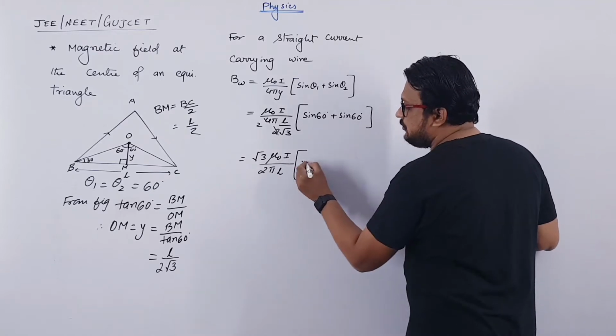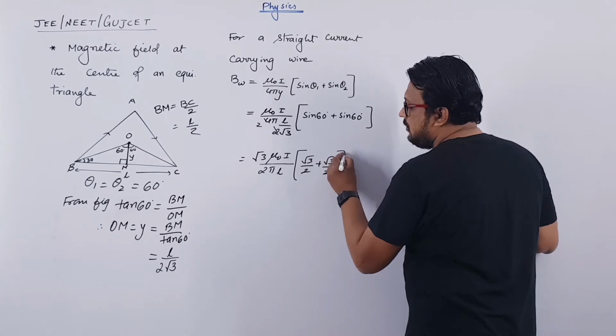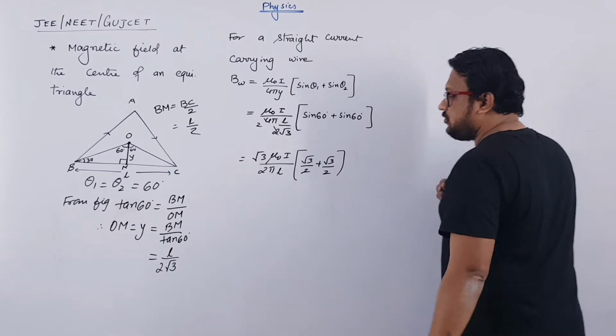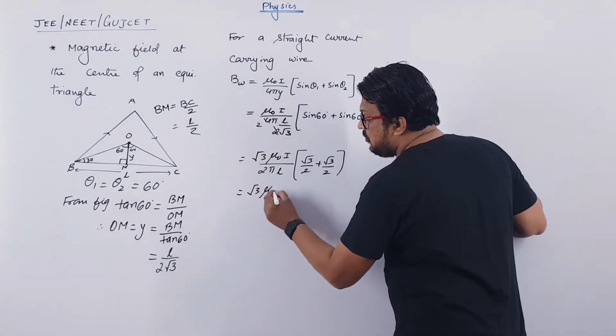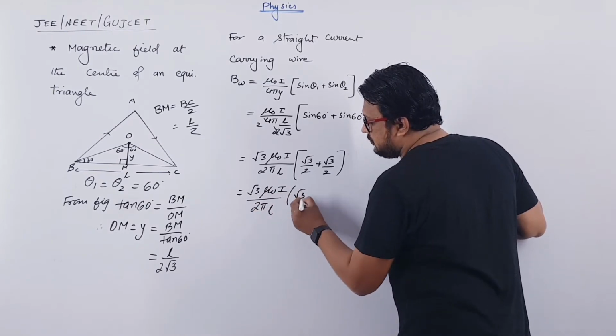Sine 60 is root 3 by 2 plus root 3 by 2, which is 2 root 3 by 2. So the 2 will get cancelled out. So this will be equal to root 3 mu naught I over 2 pi L into root 3.